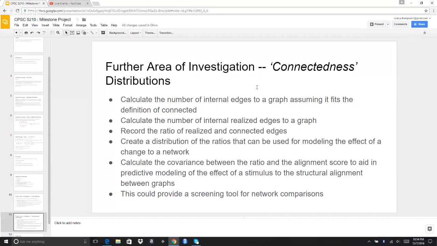If it's a high covariance, you may be confident enough that the alignment's going to hold and you could go forward, or if the covariance has gone down enough, maybe you could throw it away. So it would really help identify that middle ground so that you could create a more robust sample.